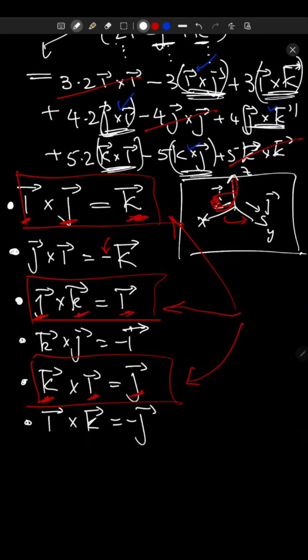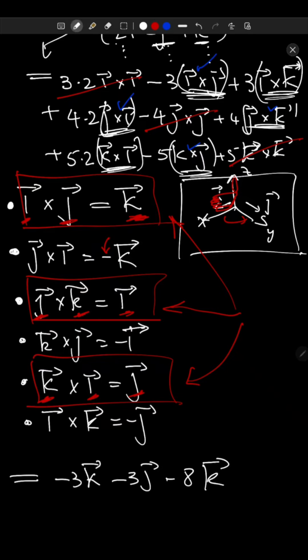I guess I should just actually complete this computation. So ultimately we have i cross j is k, so minus 3k. i cross k is minus j, so minus 3j. j cross i is minus k, so that would be plus 8. Sorry, I guess minus 8k.